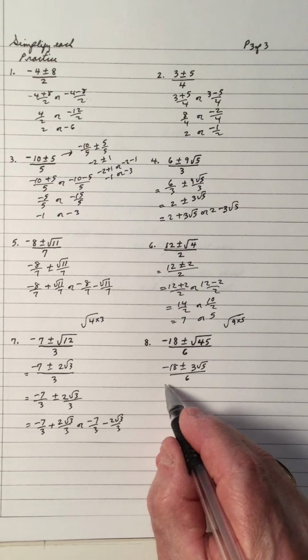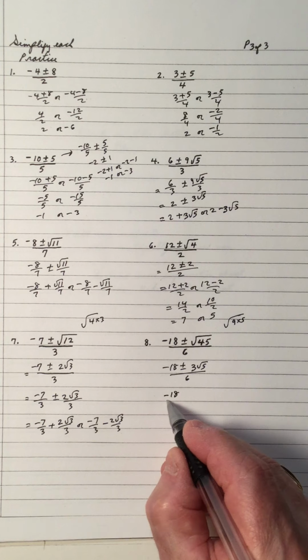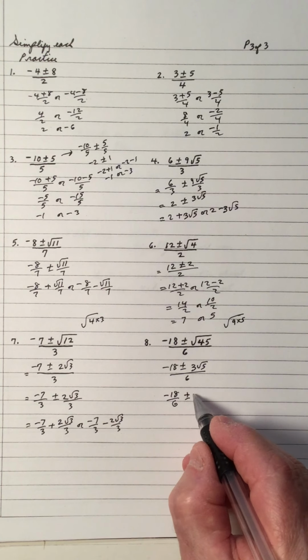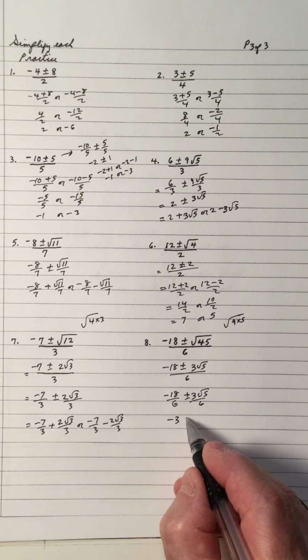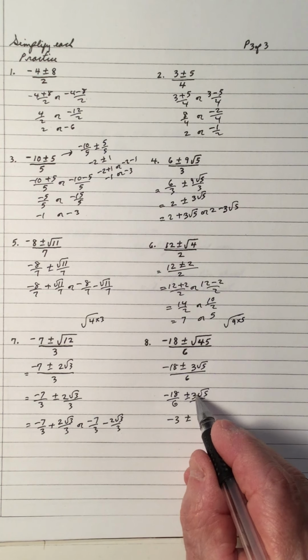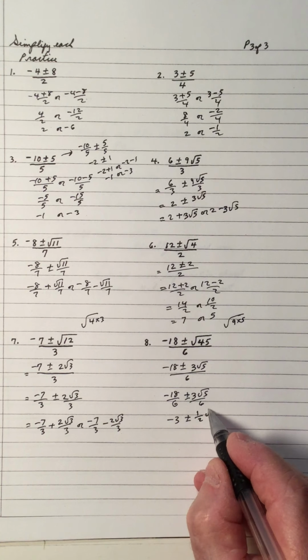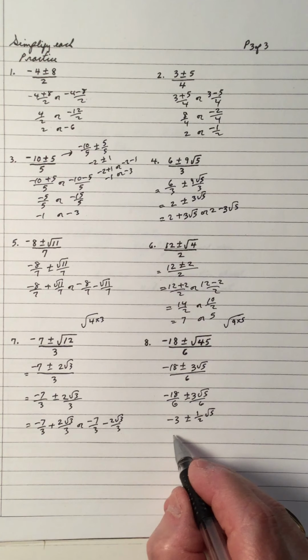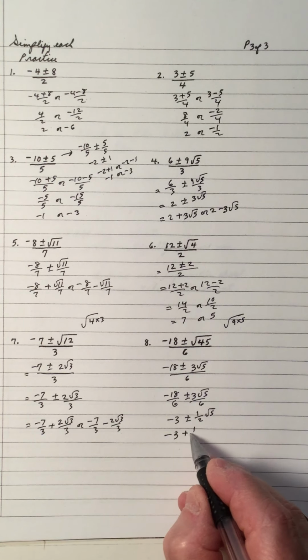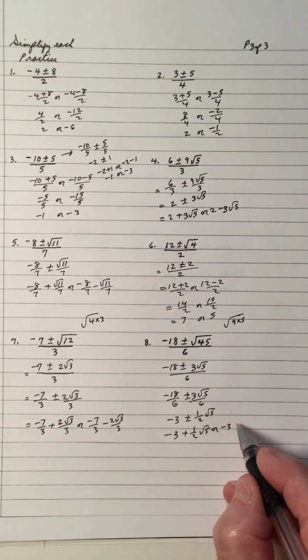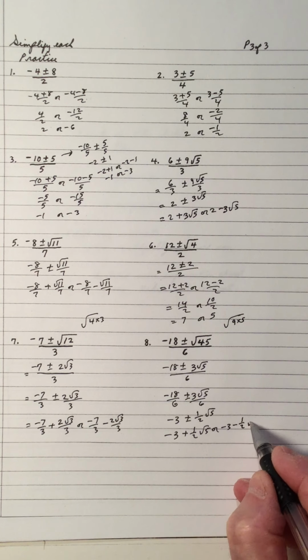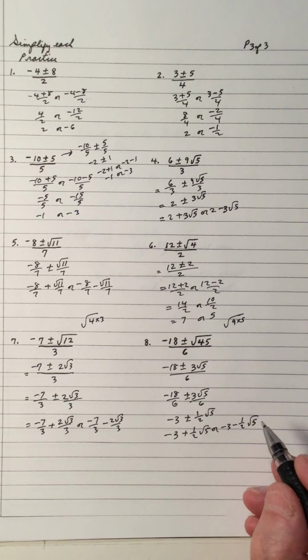So this cannot be added or subtracted, so it's a negative 18 over 6 plus or minus 3 root 5 over 6. That gives me negative 3 plus or minus. And notice you can go 1/2 root 5, or you can go root 5 over 2. So it's a negative 3 plus 1/2 root 5. Or you can go negative 3 minus 1/2 root 5.